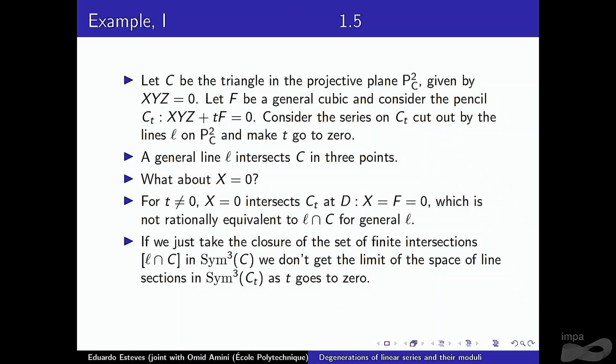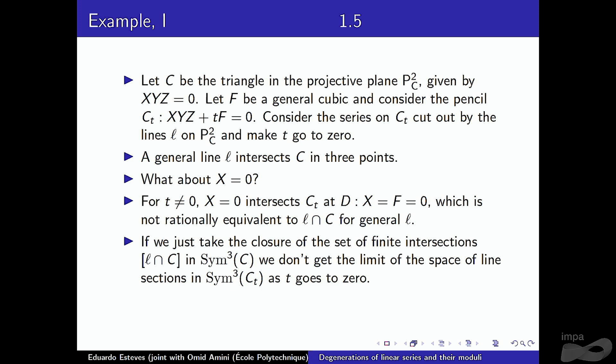And if you just take the closure of, let's say, the set of finite intersections, the 3 red points there in the symmetric product of the curve, we don't get the limit of the spaces of these line sections as t goes to 0. This set of 3 points is not possibly in the limit of this line as it degenerates.